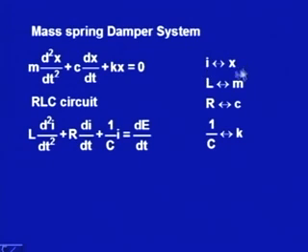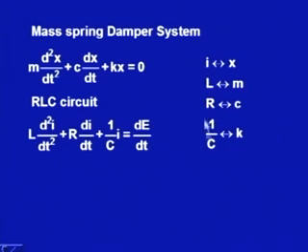I is the same as x. The inductance L is identified with m in this system. R, the resistance in this RLC circuit, is identified with c in the mass spring damper system, and 1/C, C being the capacitance, is identified with k in the mass spring damper system.